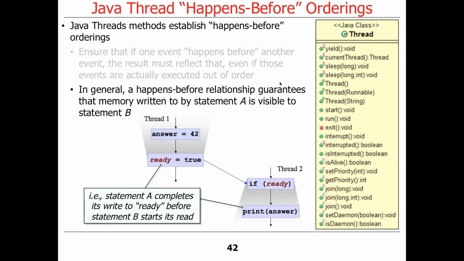So it might turn out that ready gets set to true, so this flag will be set to true, but answer will have an old value, even though answer was set to 42 before ready was set to true. If you don't use synchronizers properly, there's no reason that the answer in thread 2 will actually have the value that was set ahead of the ready in thread 1. And that's the wacky part. So the key thing to remember is if you want the order to matter, you've got to use your synchronizers properly.